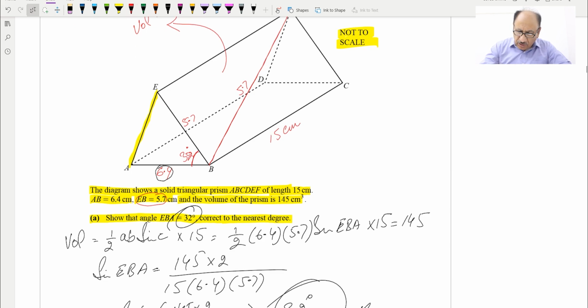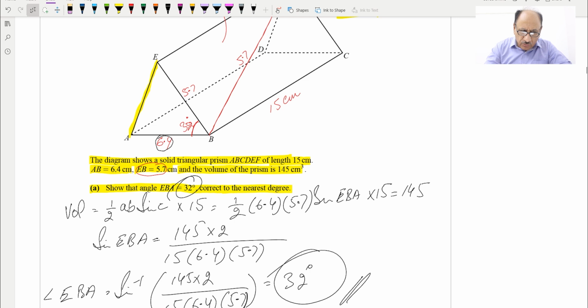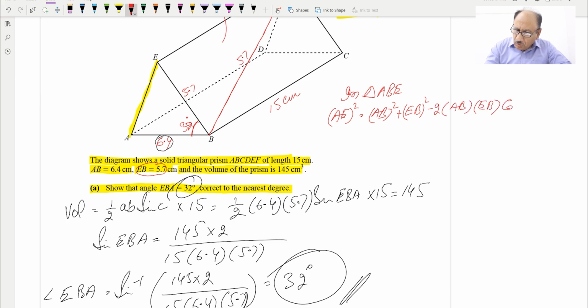Now we can apply the cosine rule. In triangle ABE, we can write AE squared is equal to one side squared, which is AB squared, plus the other side squared, which is EB squared, minus 2 into AB into EB into cos of the angle, which is 32 degrees.